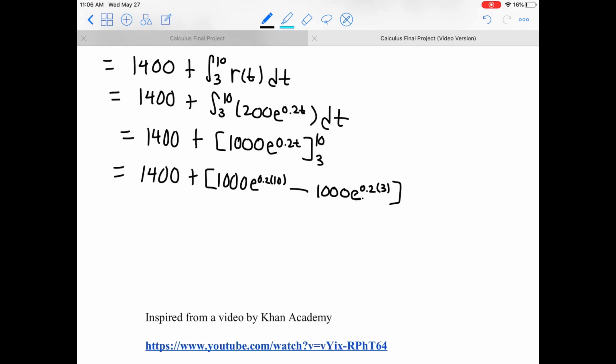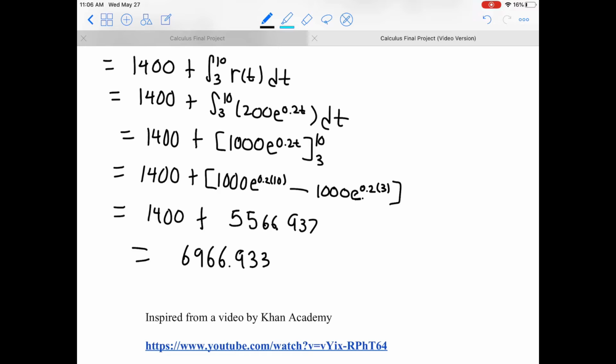After we simplify this, we find that this simplifies to 1,400 plus 5,566.937, which then simplifies to 6,966.937, which we would then round to 6,967 people.